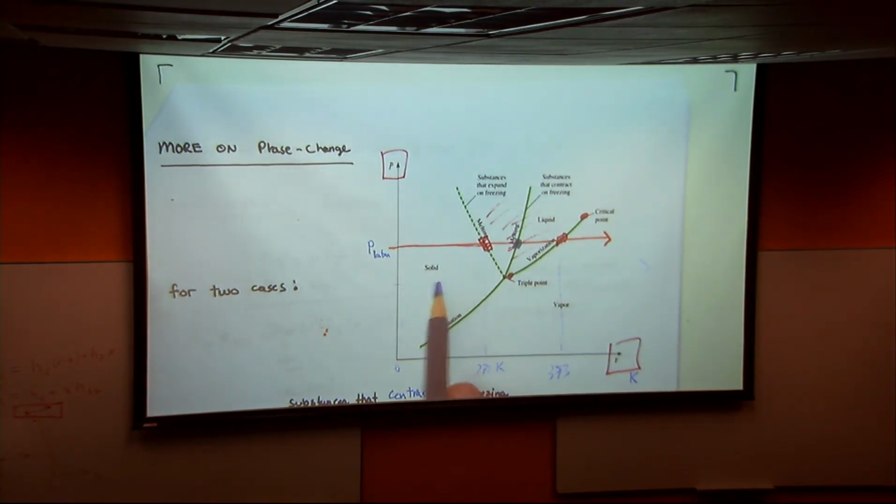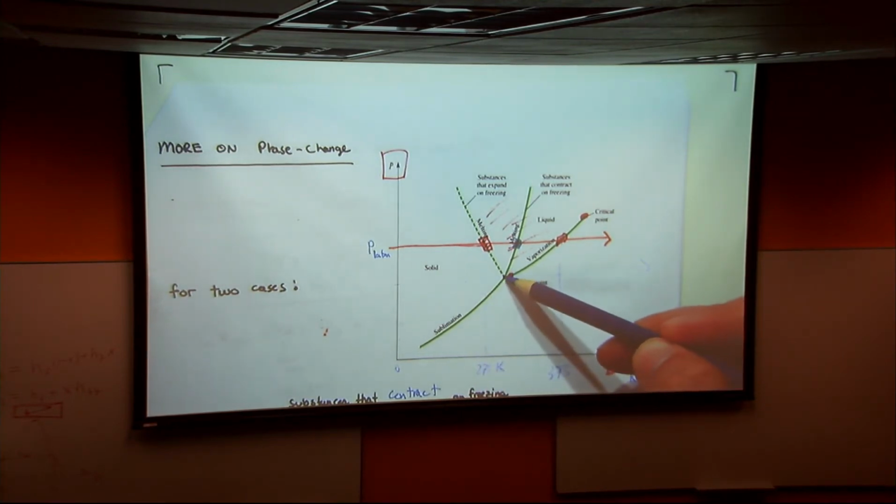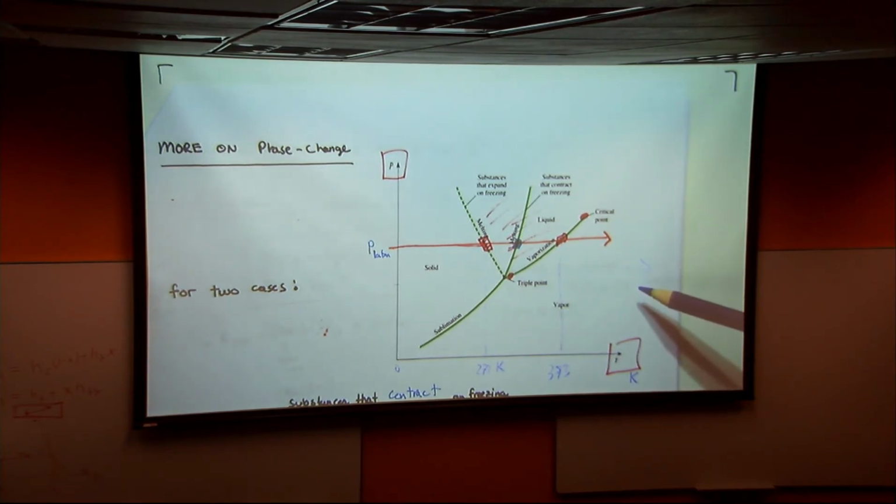In this case, I would have the pressure set up perfectly, where you go from solid straight to, and then you have a point, and there's a size to the point that I draw, and I have all 3 phases that coexist, and then I'm just vapor.